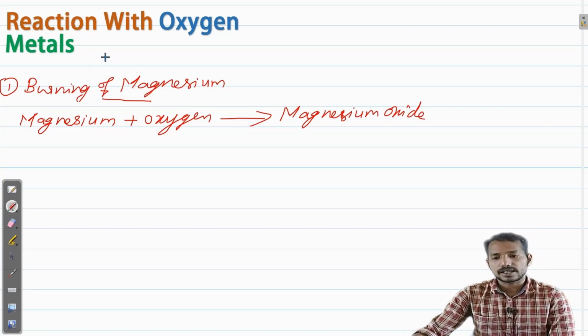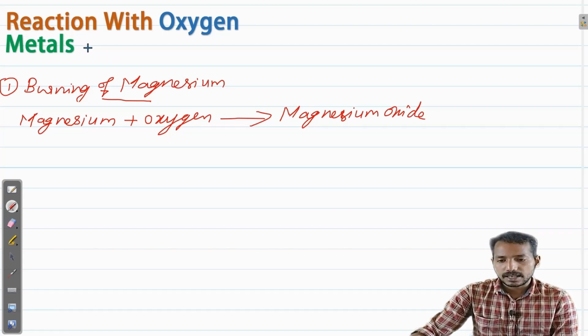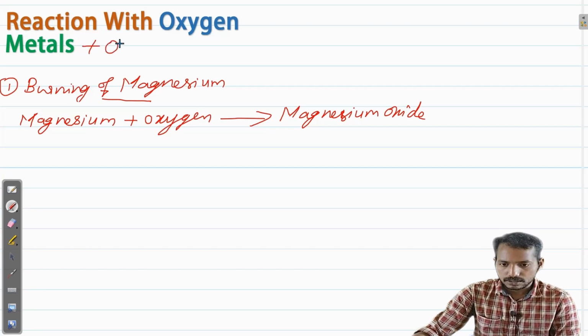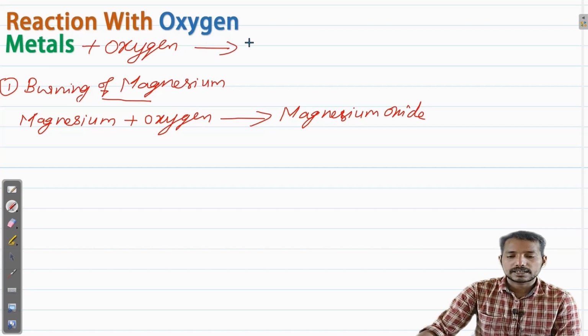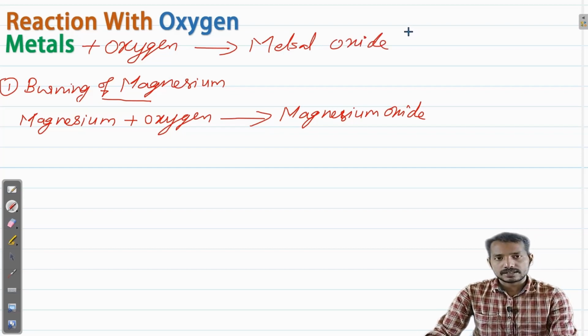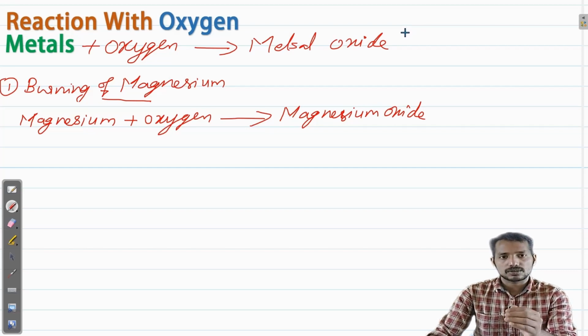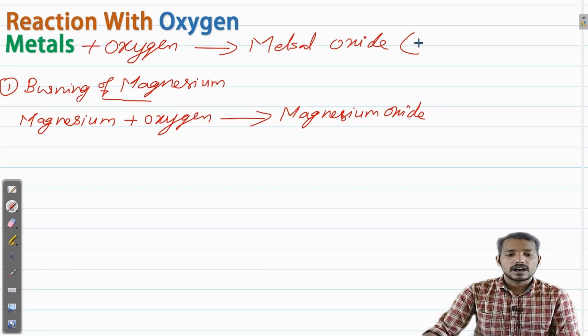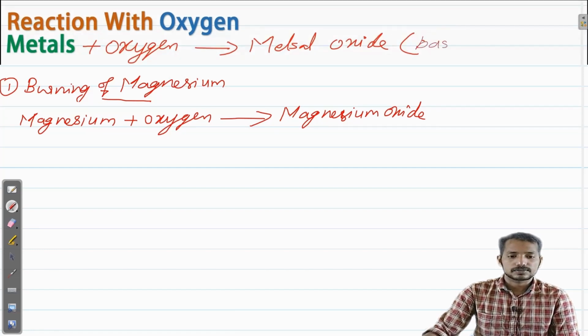That means generally we can say that metals react with oxygen to form metal oxide. And if we make a solution of this ash and check the acidity and basicity of the solution by litmus paper, we will find that these metal oxides are basic in nature.